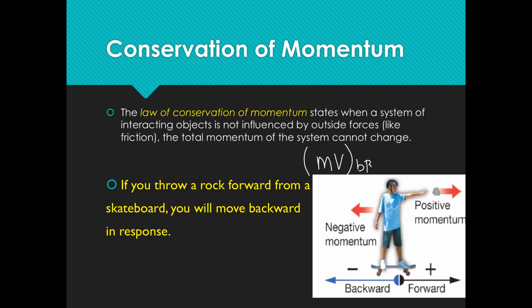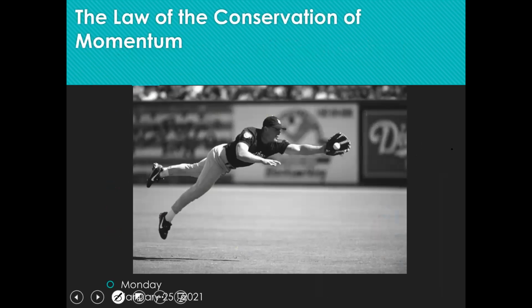You with the rock, your mass is, as an example, 80. And the velocity, since you are not moving, is 0. So the momentum before throwing the rock, before moving, is 0. After you throw the rock, the rock is moving, and your body also is moving.